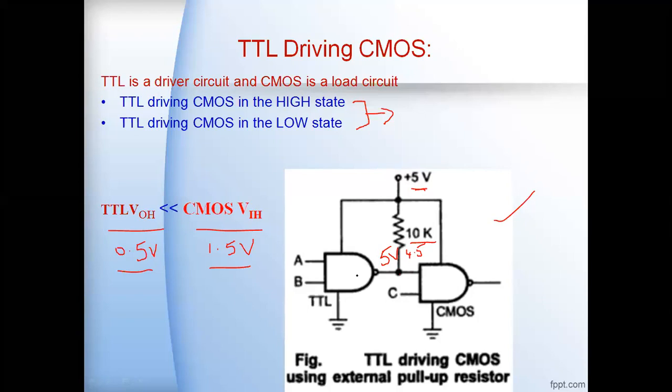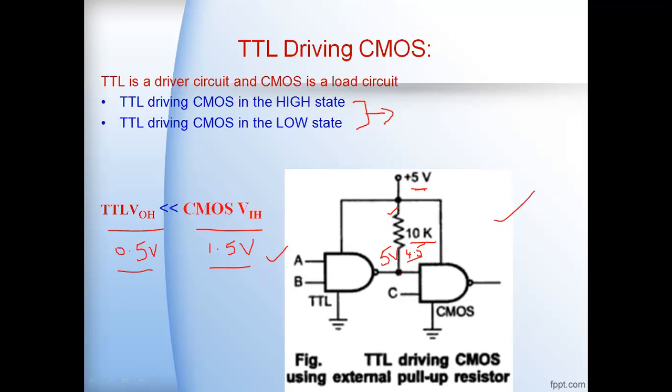What is the required amount of voltage at the input of the CMOS? 1.5 volts. But here it has 5 volts or 4.4 volts, a higher voltage. It is because of this pull-up resistor. If you connect a pull-up resistor to the VDD, then the VDD causes the voltage at the output of the TTL to rise.